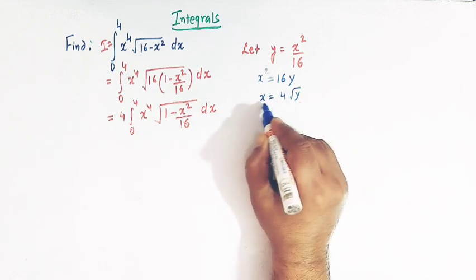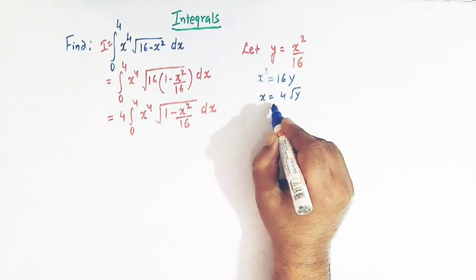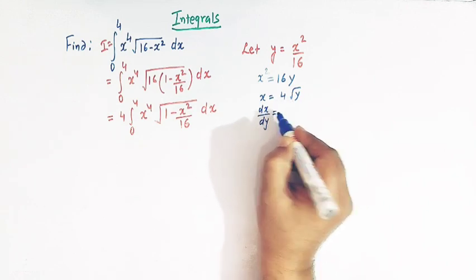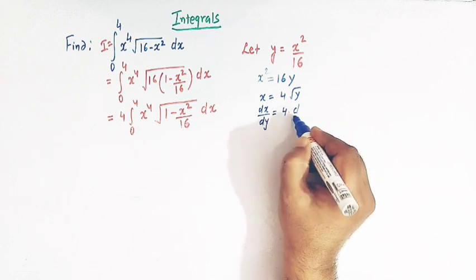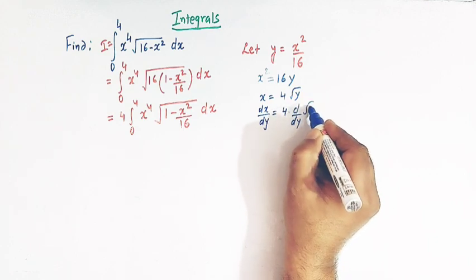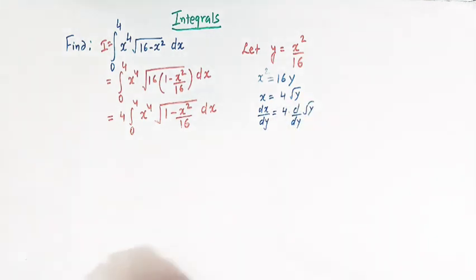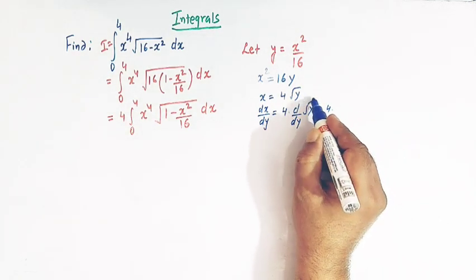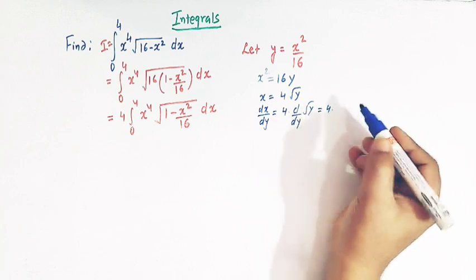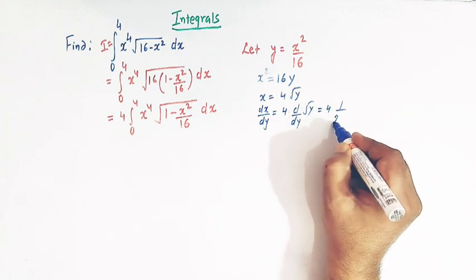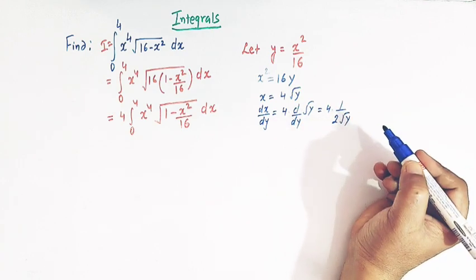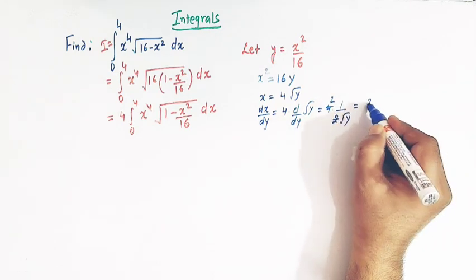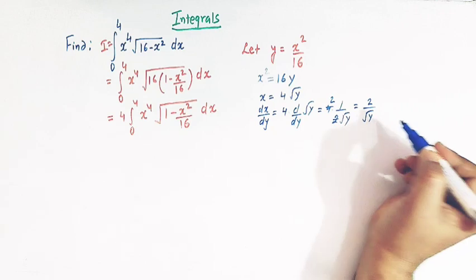Now let us differentiate both sides with respect to y. So we have dx over dy is equal to 4 times the derivative of square root of y with respect to y. The derivative of square root of y is 1 over 2 times square root of y. So 2 into 4 gives us 2 over square root of y.